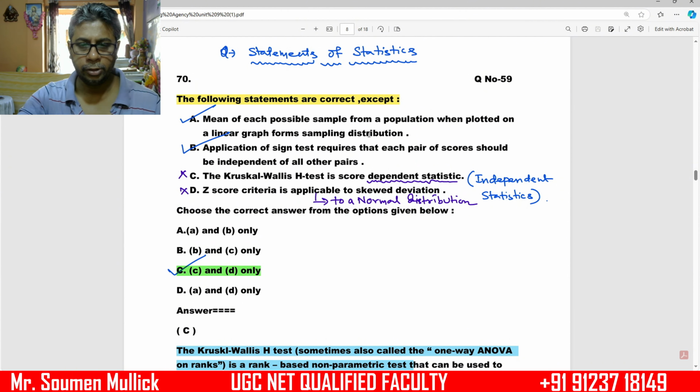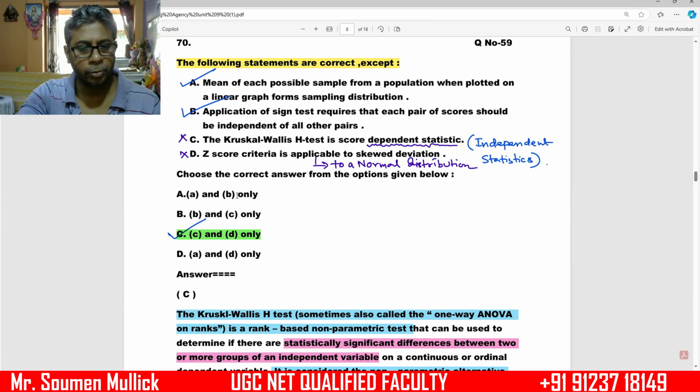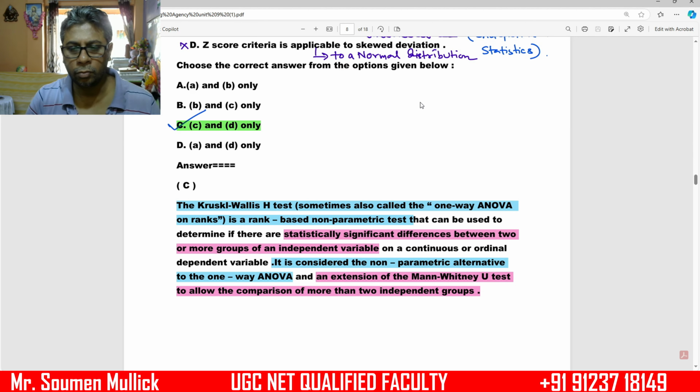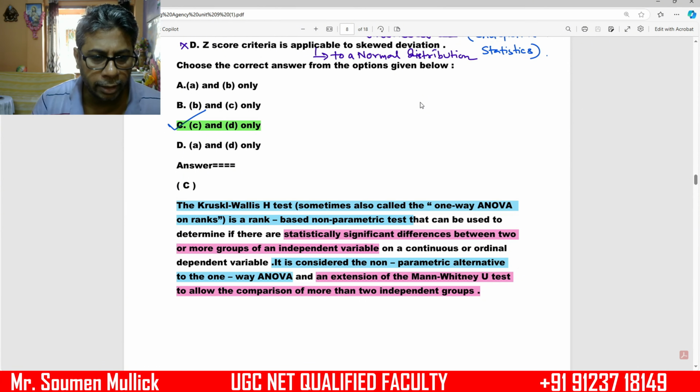The Kruskal-Wallis H test, what do we mean by it? Sometimes also called one-way ANOVA on ranks, it is a rank-based non-parametric test. It tests for statistically significant differences between two or more groups of an independent variable.